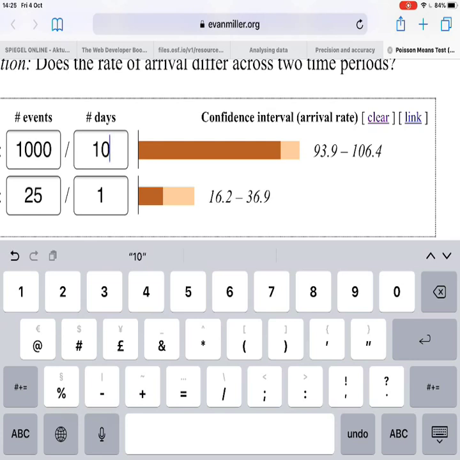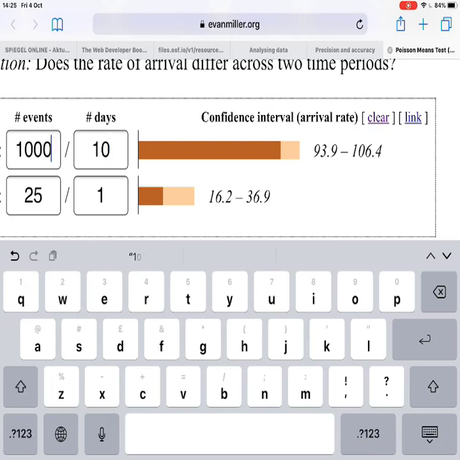Did you notice that? Yeah? So we are now 95% convinced that in the long run, the number of colonies on plates is somewhere between 94 and 106. So the confidence interval becomes smaller if our numbers get larger.